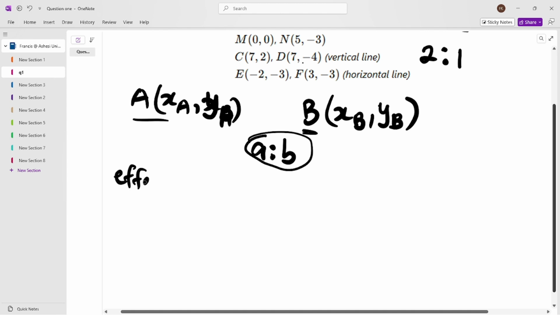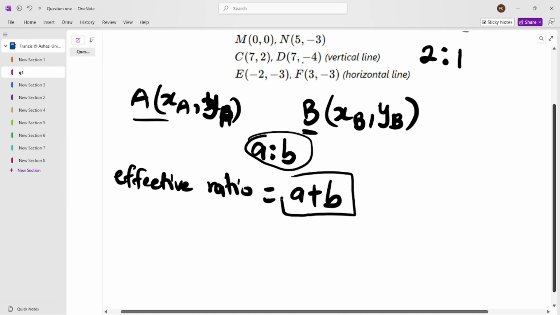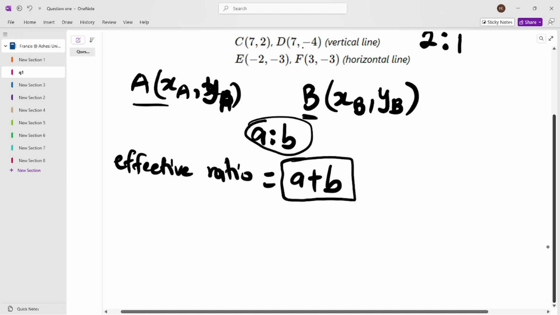The effective ratio is the one that will give you A plus B. We find the effective ratio first. Remember, we are doing internal division, so we need to find the effective ratio first.